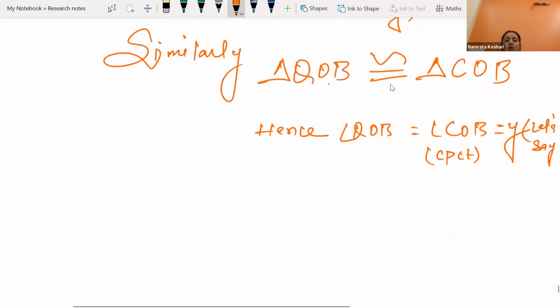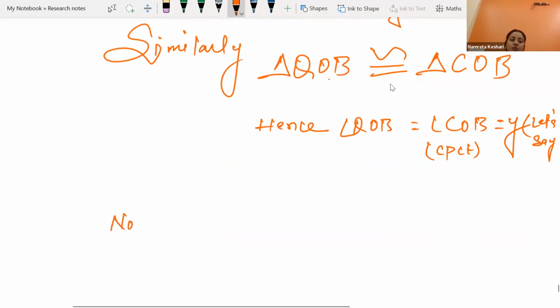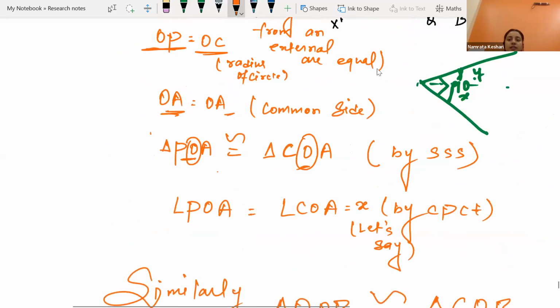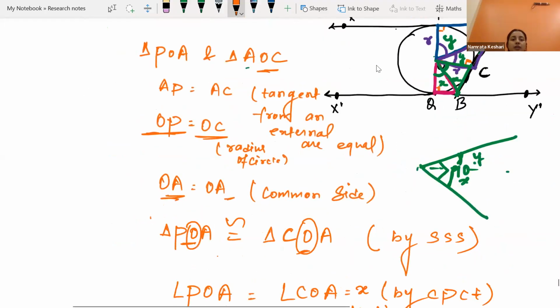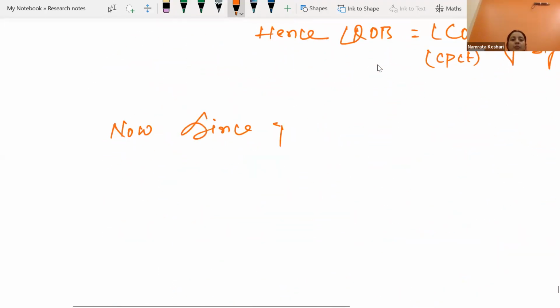Now, see carefully, POQ is the diameter of the circle. It's a straight line.